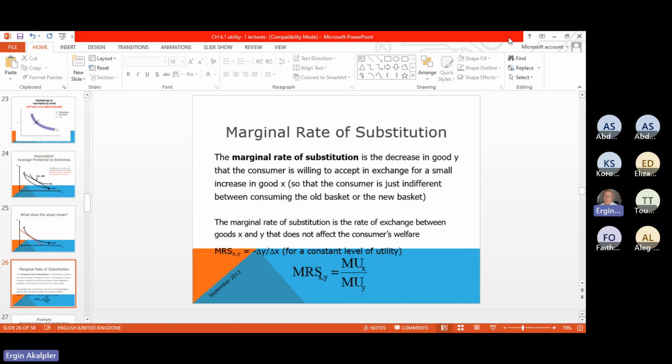The marginal rate of substitution for x and y is then equal to minus delta y over delta x for a constant level of utility. The marginal rate of substitution of x for y is then the marginal utility of x divided by the marginal utility of y.